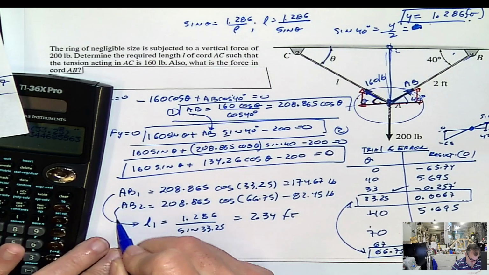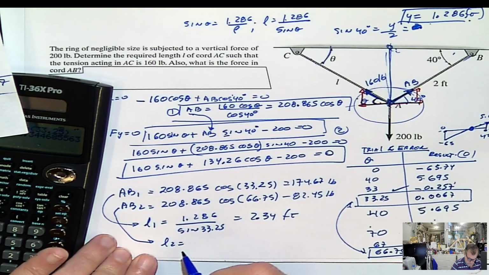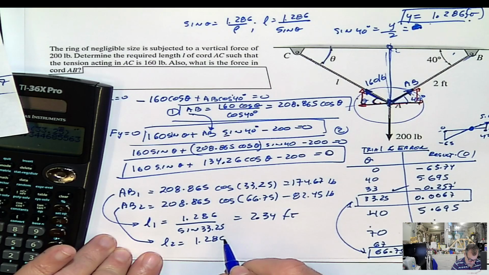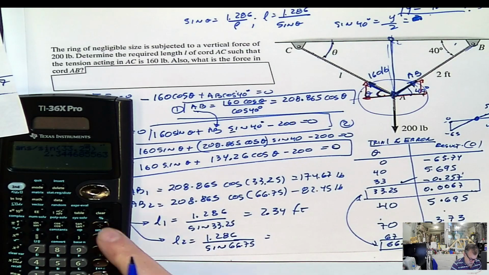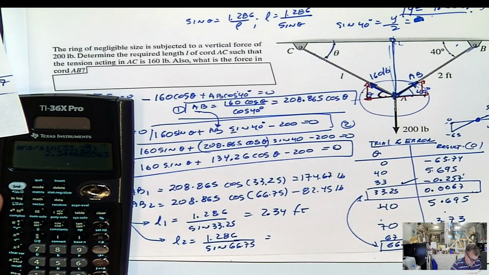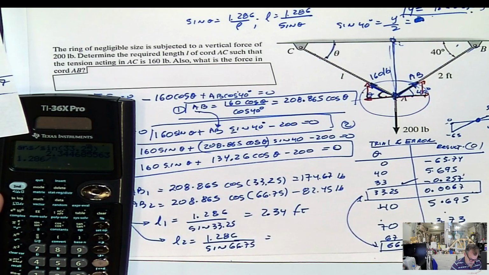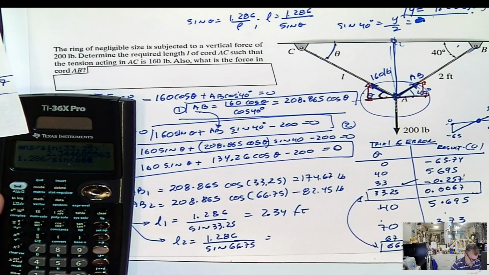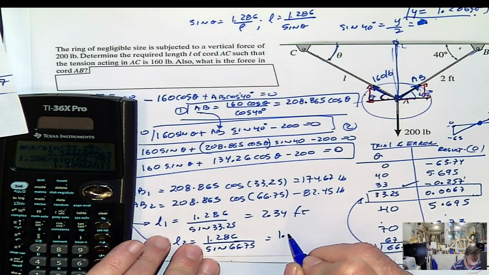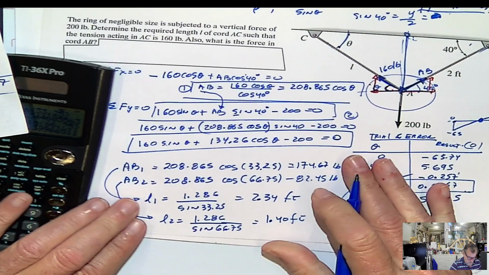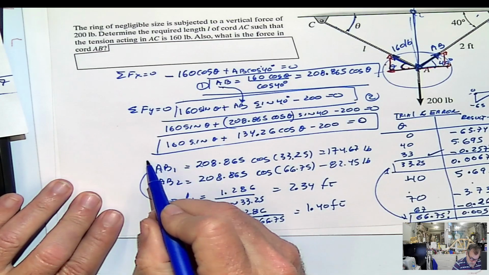And L2, using the other angle, will be 1.286 divided by sine of 66.75, and that would be 1.40 feet.